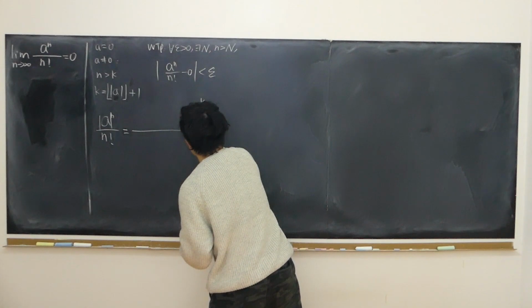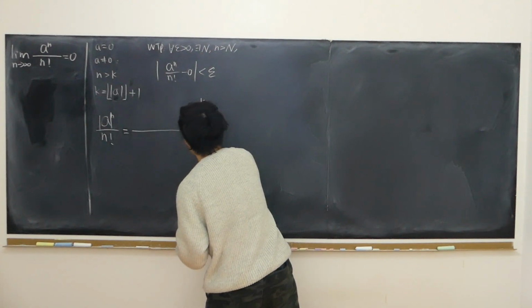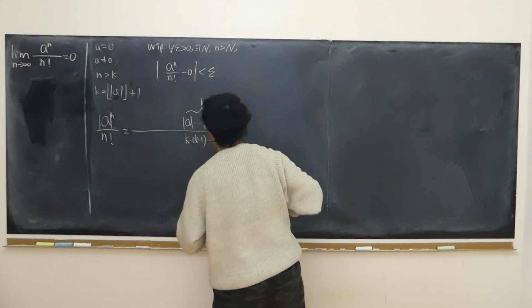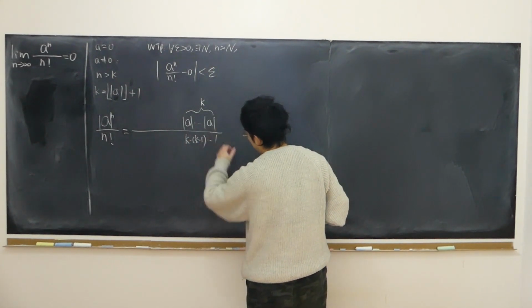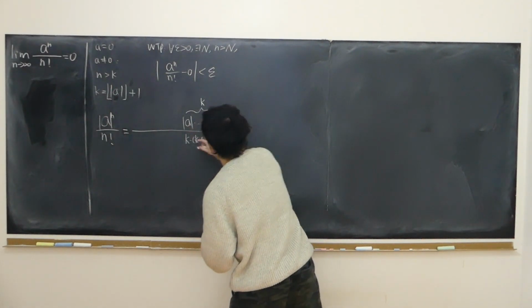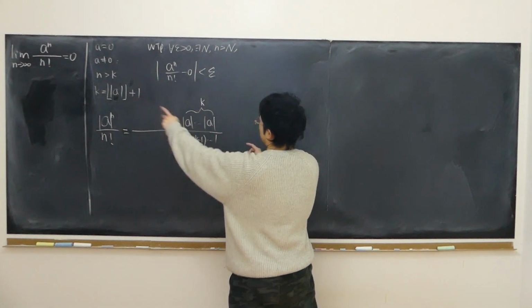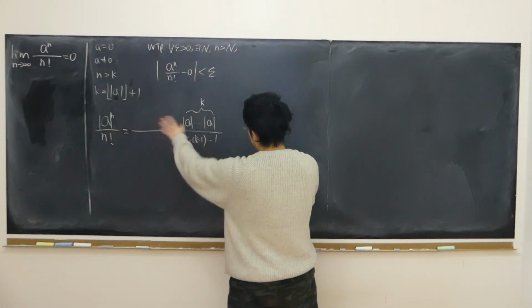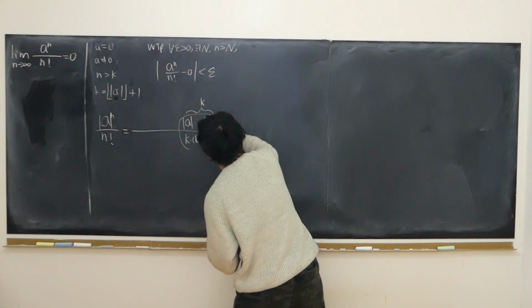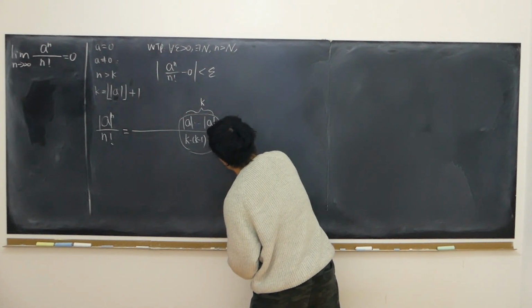Then on the bottom I have k times k minus 1 all the way down to 1. It's k factorial. So since a is fixed and k is also fixed, therefore this part is also fixed.